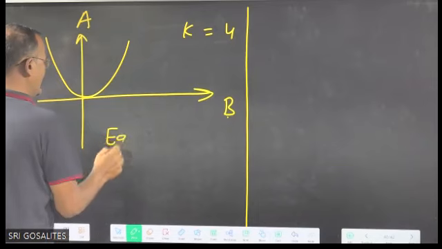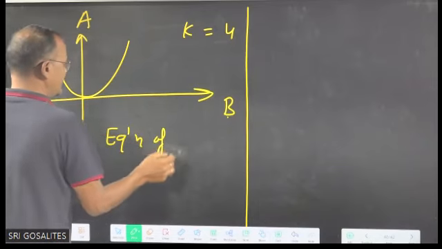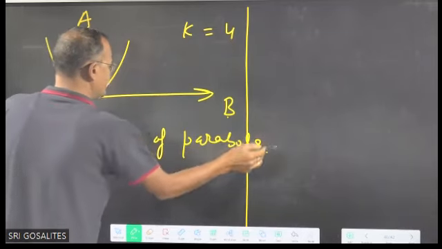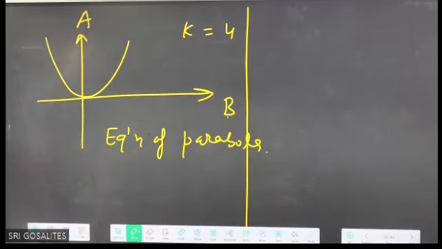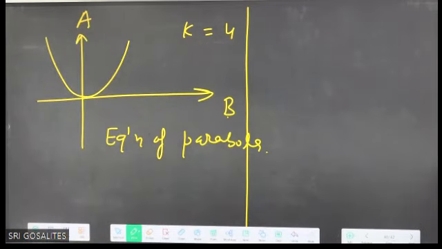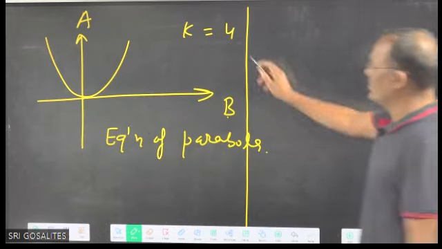What is the equation of the parabola? Come on, work it out and show me. K is 4, constant.